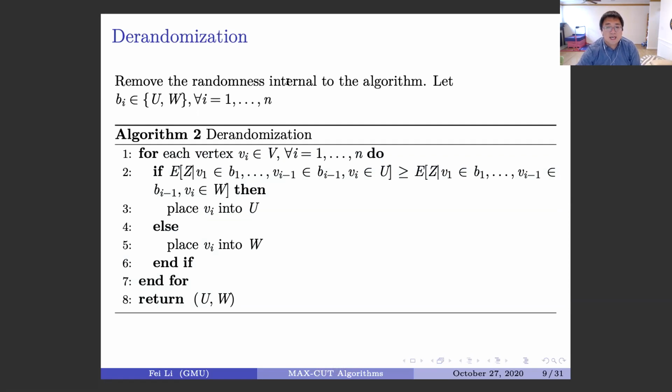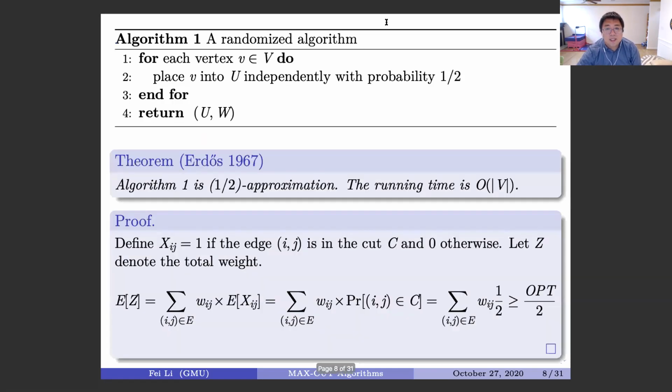If we understand that at any time when we make a decision, like here, for this step, we can replace it using the conditional expectation, and then we can remove the randomness in the following way.